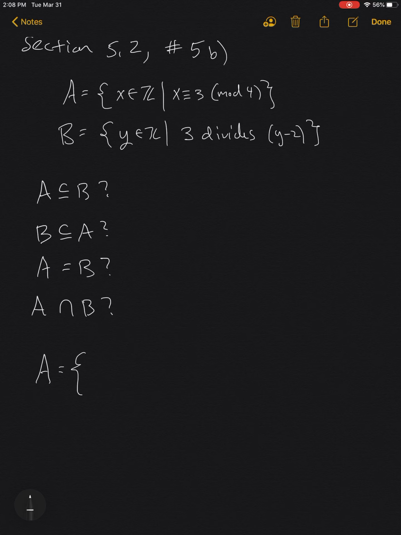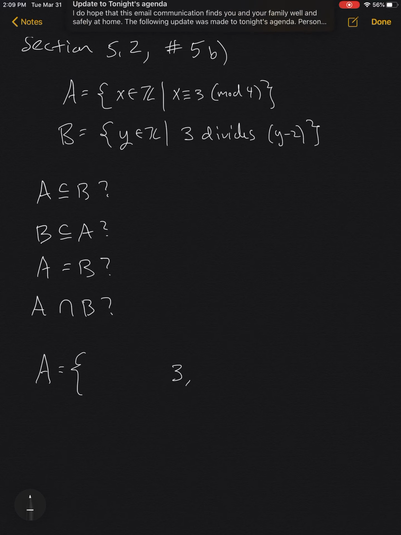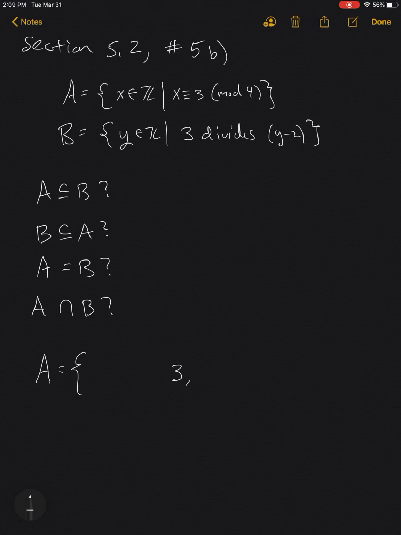What are some things in A? We won't list them all, but maybe a few of them. We can see maybe a pattern here. The number 3 is in A, because 3 is congruent to 3, modulo 4. To find the next integer congruent to 3 mod 4, we just need to shift up by 3 units. So, I'm sorry, by 4 units. So 7 will also have that property.